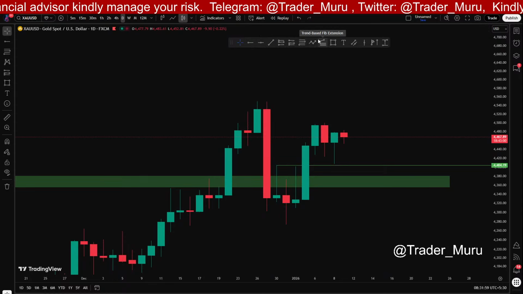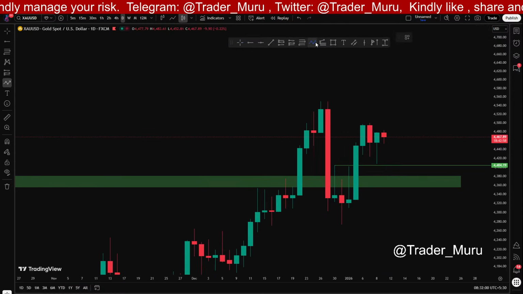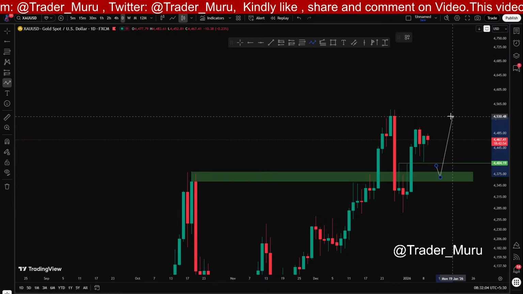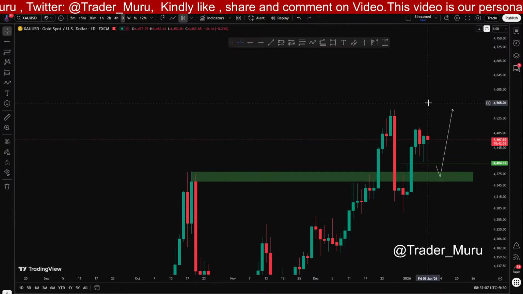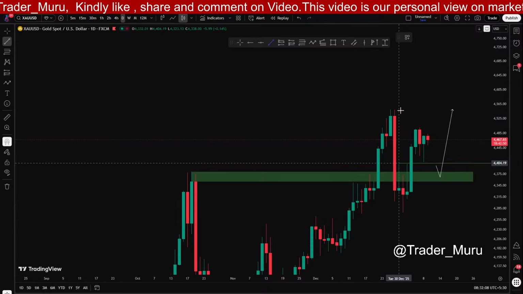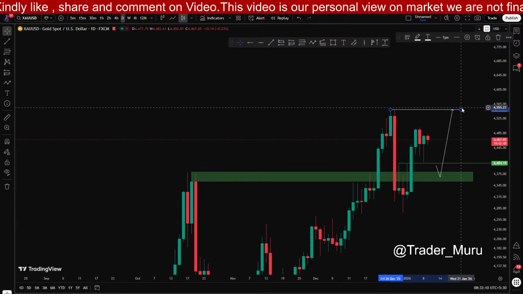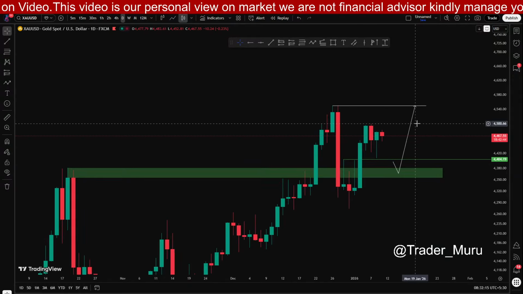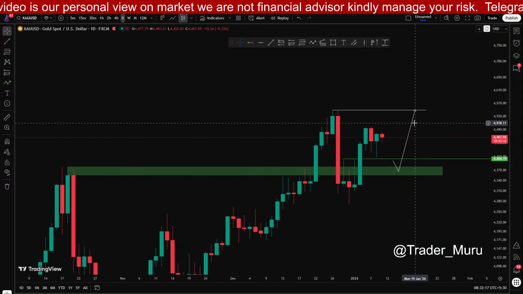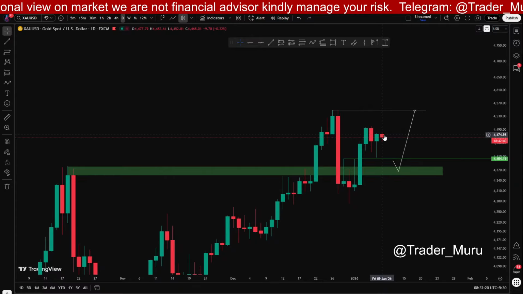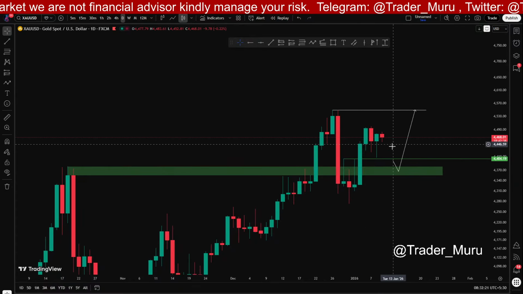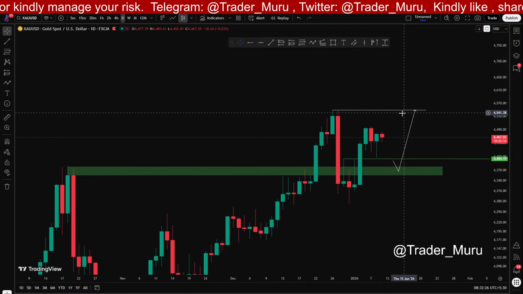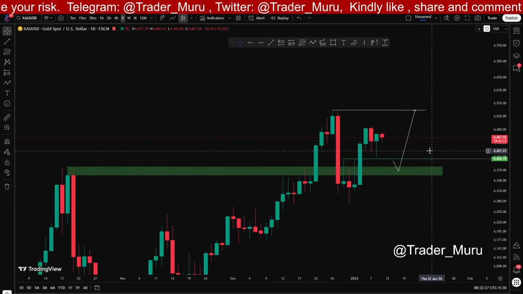My main plan is still, if I get a test near this area, it would be a better opportunity to buy towards this high. And in the worst case scenario, if we get a breakout before the drop, then price will create a new breakout structure and then it will drop.